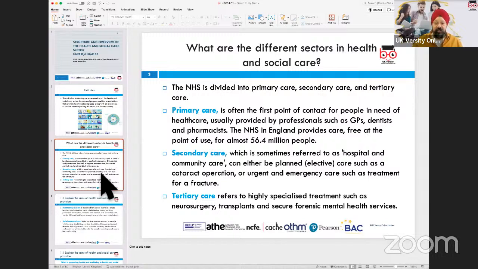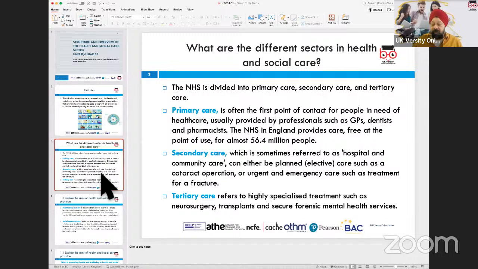And at that GP surgery, when I see my GP or the doctor, he or she would essentially diagnose what I am suffering with. Is it some sort of viral fever, or, in the summer, say for example hay fever and things like that. The idea is that that would be the first line of support that I will go and see.